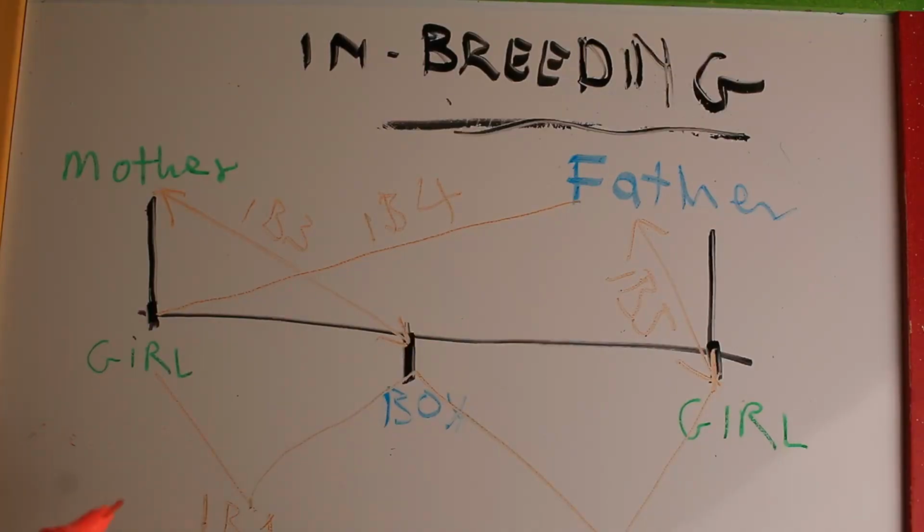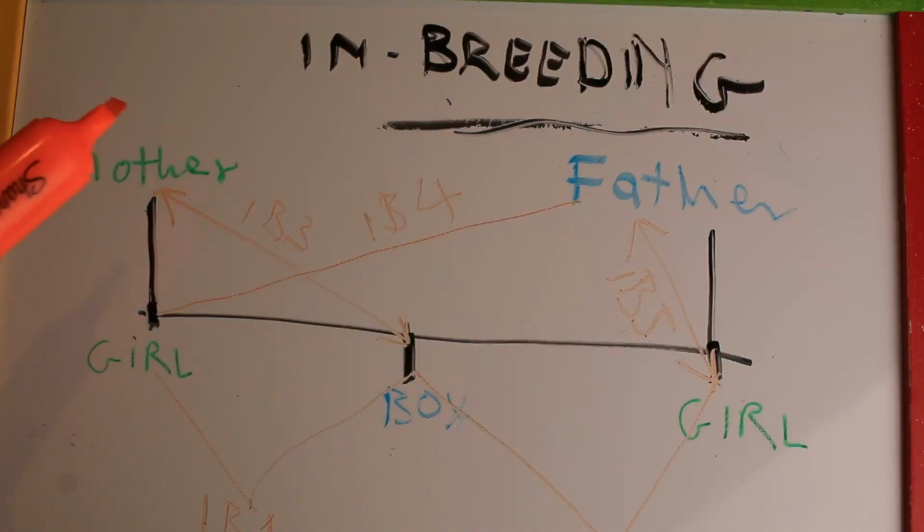So these are the forms of inbreeding. And when inbreeding is watered down from here, then we are going on to line breeding, which will be the next slide that will be coming.